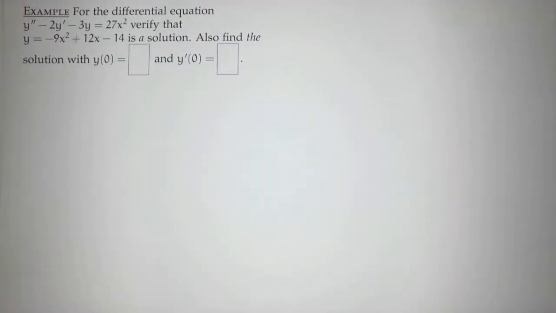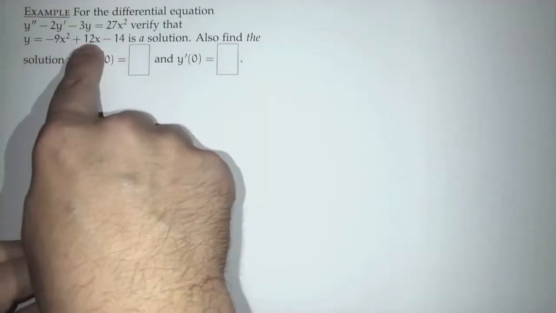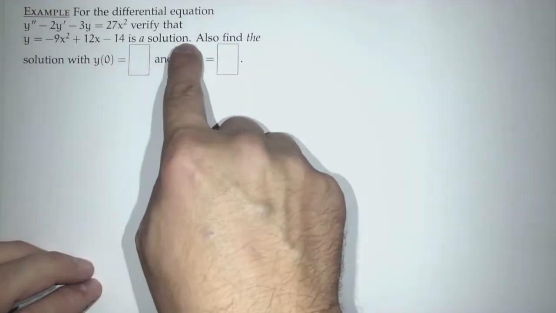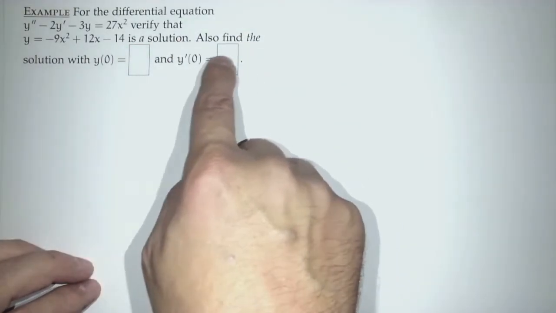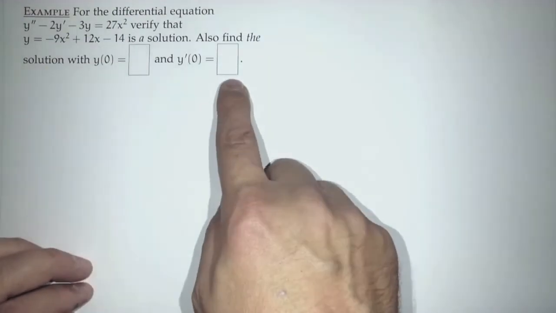For the differential equation y double prime minus 2y prime minus 3y equals 27x squared, verify that this function, the polynomial negative 9x squared plus 12x minus 14, is a solution. It also says to find the solution with y of 0 and y prime of 0 satisfying something.